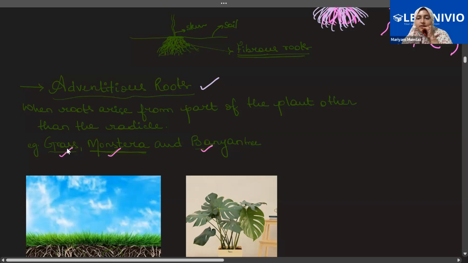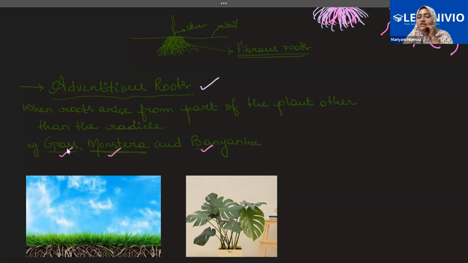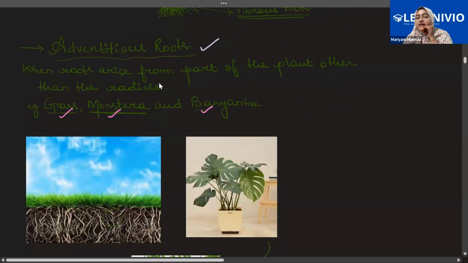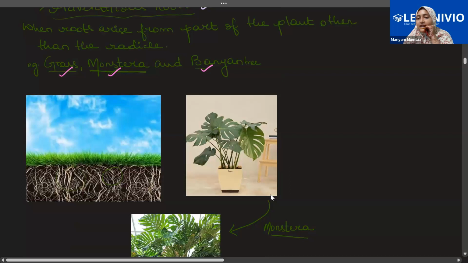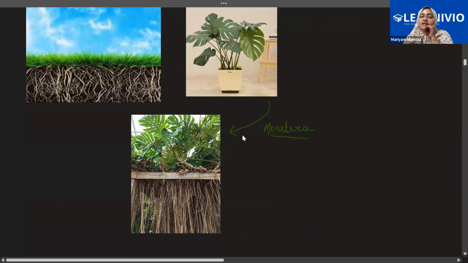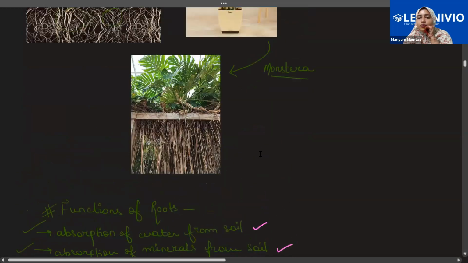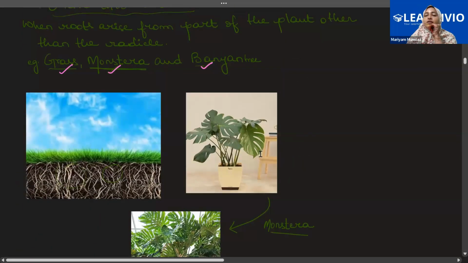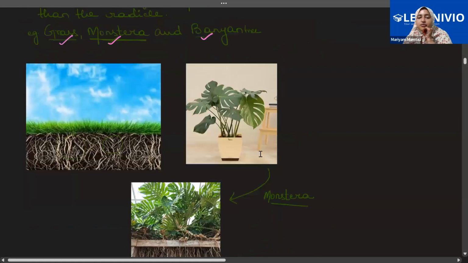Grasses are monocots only, but still they do not have fibrous roots. They have adventitious roots. Monstera, the most commonly used home plant. People have this in their homes, right? And then there is the banyan tree. In their case, their roots do not arise directly from the radical. Clear? So we call them the adventitious roots.